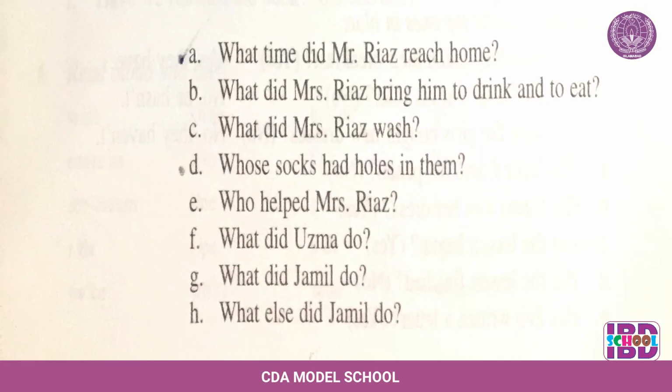Then there are some questions that you will do in your copies. Question A is what time did Mr. Riaz reach home? Mr. Riaz reached home at 6 o'clock. Question B. What did Mrs. Riaz bring him to drink and to eat?